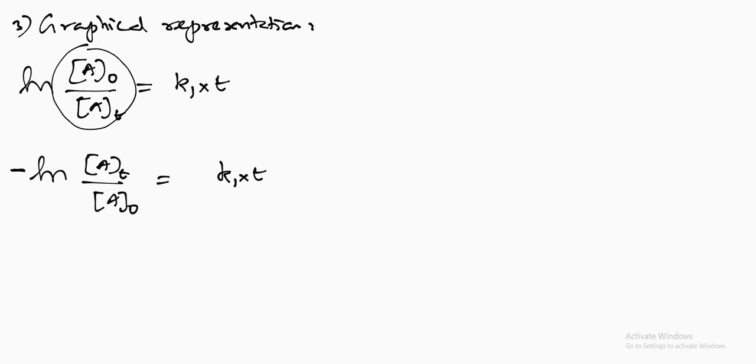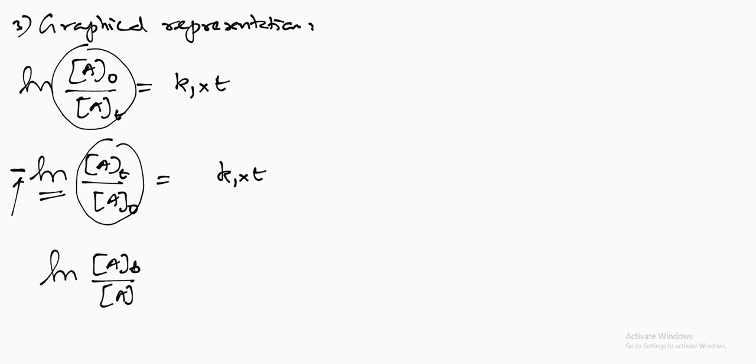Now multiply both sides by minus 1. So ln AT by A naught equal to minus K1 into T.